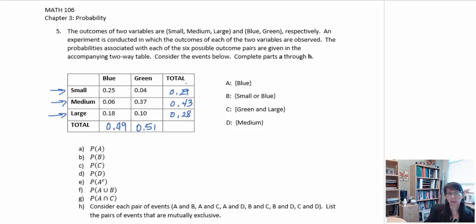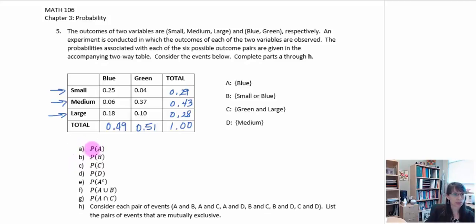Now, no matter if we add the totals in the row or the totals for the column, we should end up with exactly 1 every time. Never less, never more than 1. 1 represents 100% probability, and we cannot have more than that. So now we'll take a look at parts A through H and answer these probability questions.